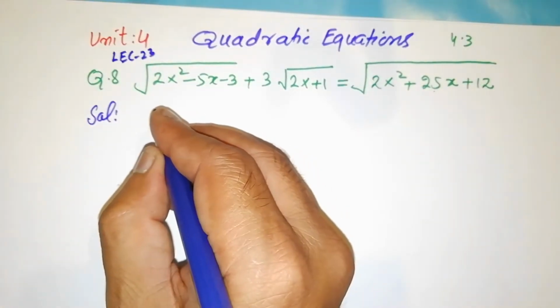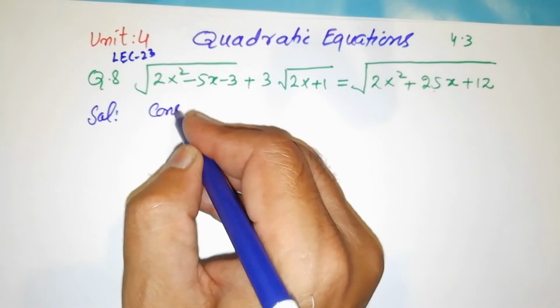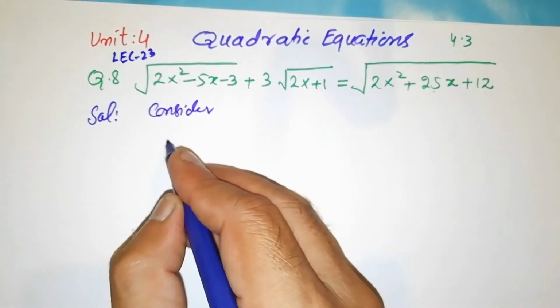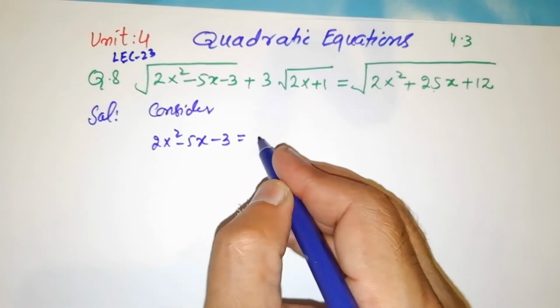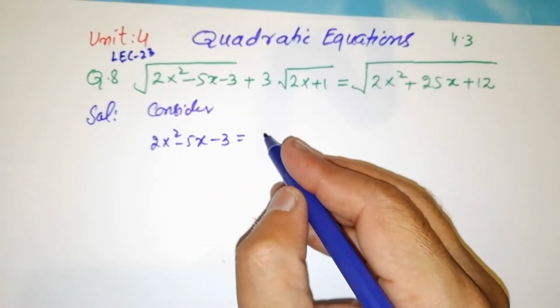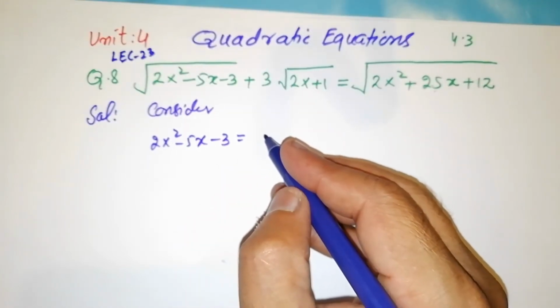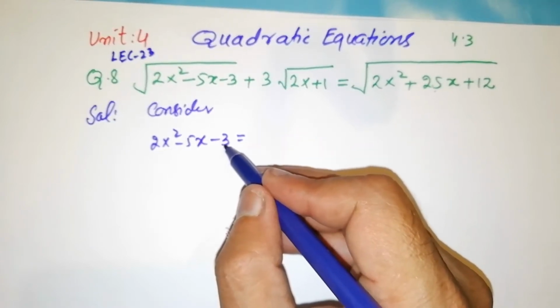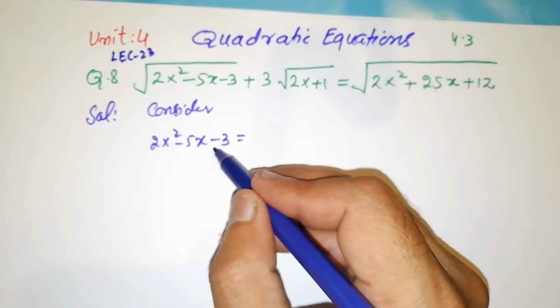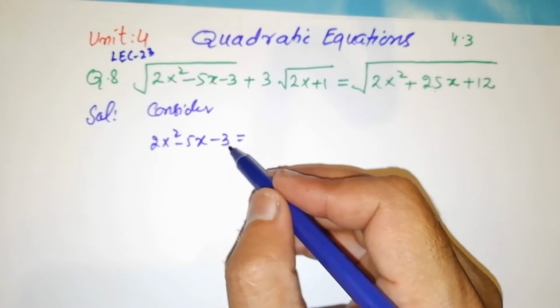So consider 2x square minus 5x minus 3. This can be written as, इसको फैक्टराइज करते हैं. So we have minus 6.